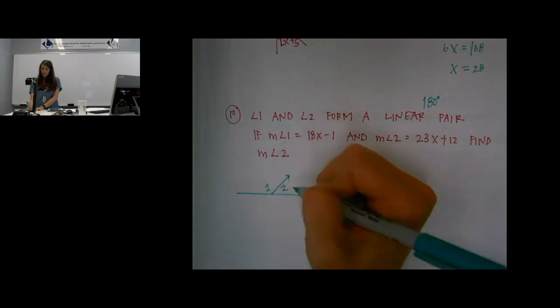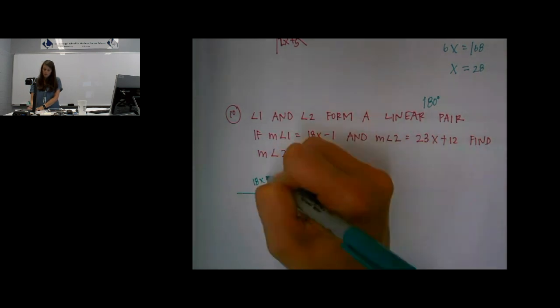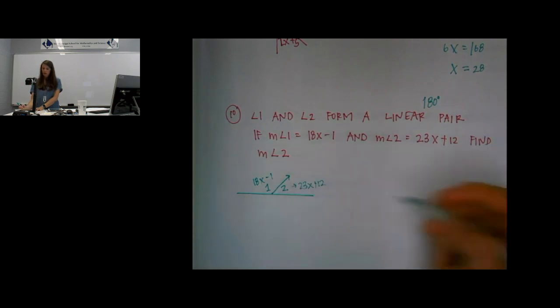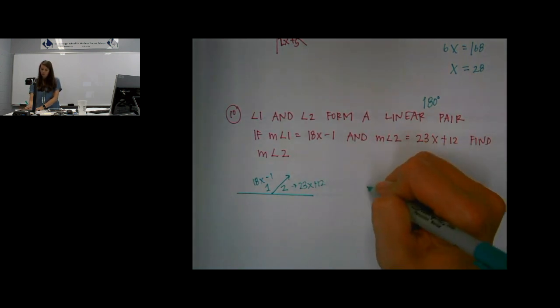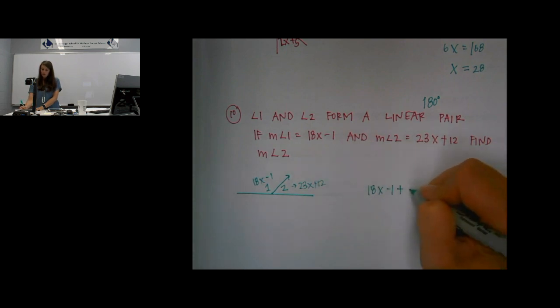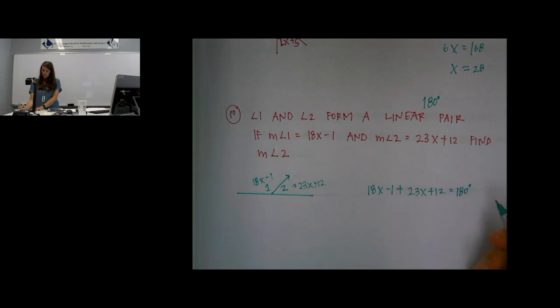Okay, so if the measure of angle 1 is 8x minus 1, and this would be 23x plus 12. I may have these backwards, but if I wanted to find the measure of angle 2, the only way I can do this is to find x. The only way I can do that is to say that these two added together are going to add together to be 180. Okay, so 18x plus 23x is going to be what? 41x plus 11.